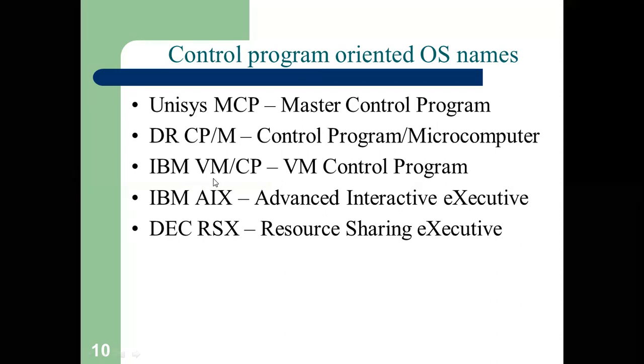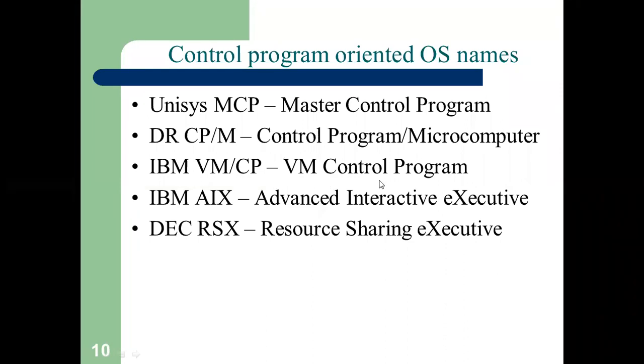Now IBM VM CP. IBM wrote this, and the name is the VM control program. So we can use any one of these, and it will vary from machine to machine. In which machine we are using the control program and what is the name of that. This again was written by IBM. Here you can see AIX, Advanced Interactive Executive.